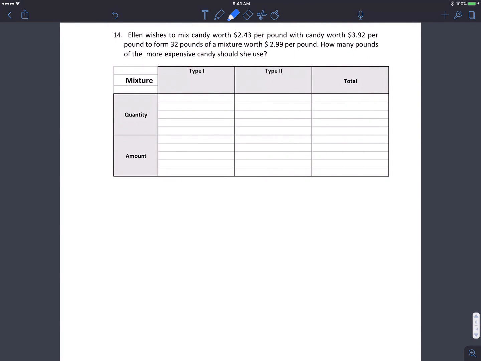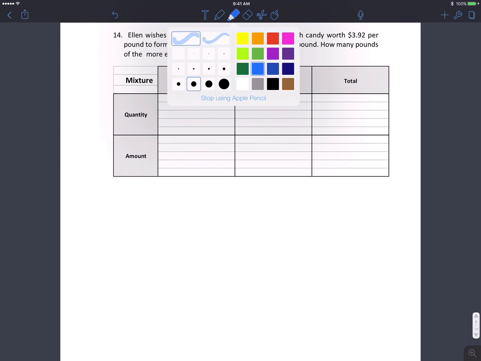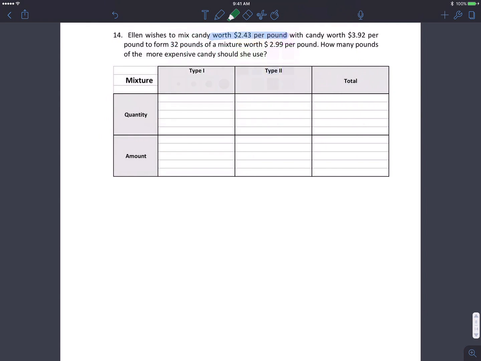She wants to mix candy worth $2.43 per pound with another type of candy that's worth $3.92 per pound to form 32 pounds. Let's put that in red. 32 pounds of a mixture worth $2.99 per pound. So we started this off by making a mistake. Let's read it and figure this out.